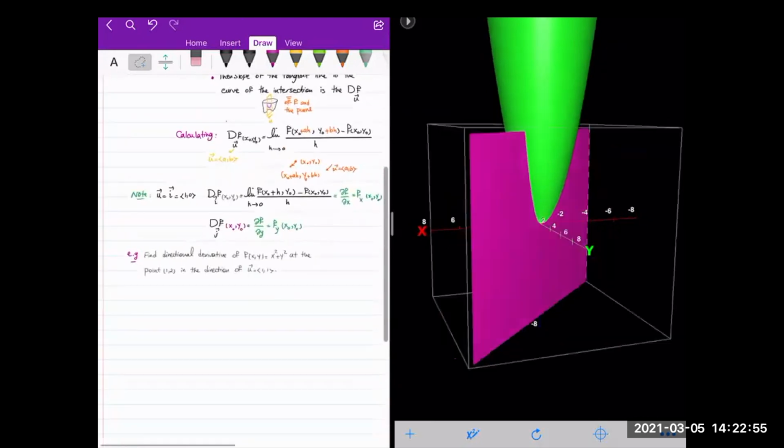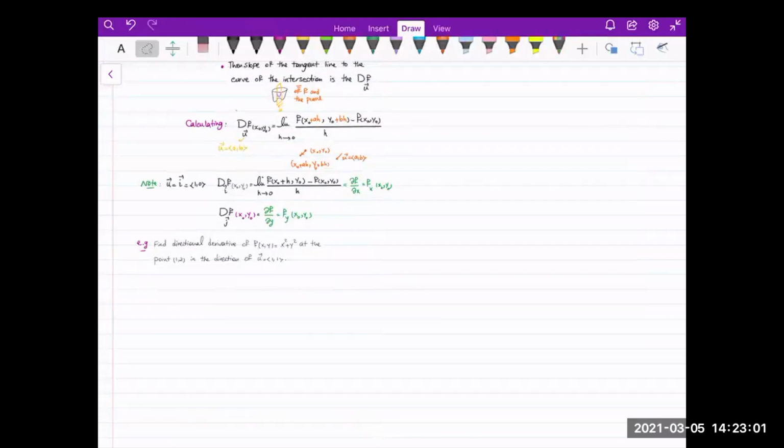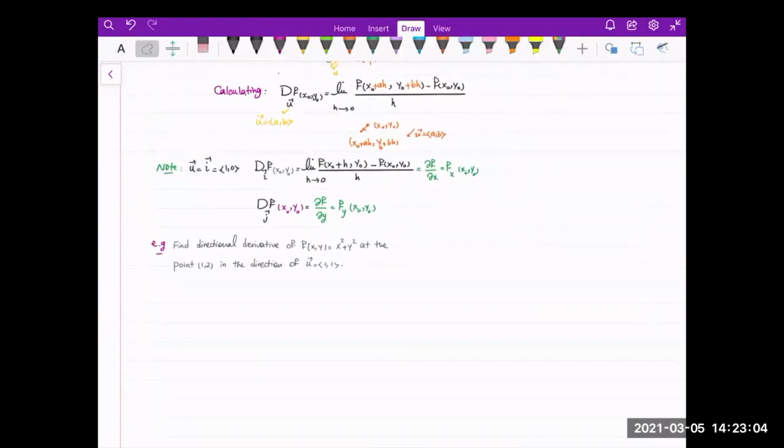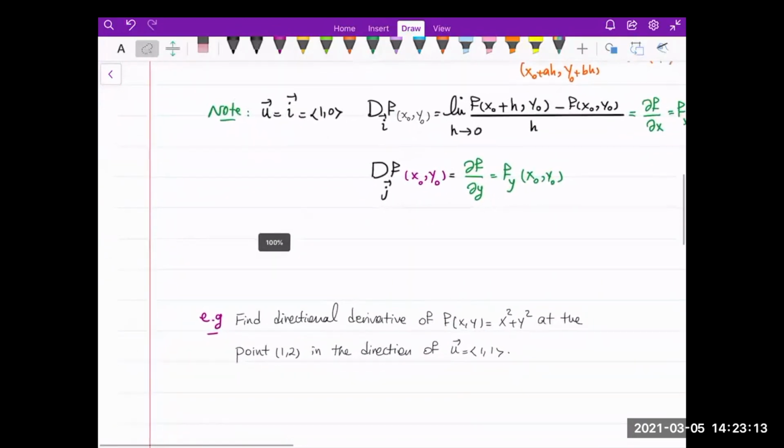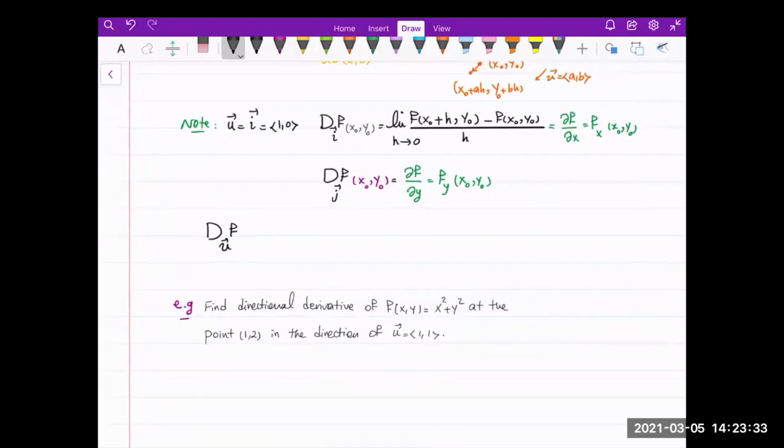Okay. Let me give you the formula to calculate that. So we say if you want to calculate that, the directional derivative of f in the direction of u is the dot product of two vectors.